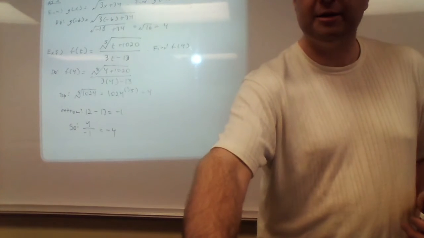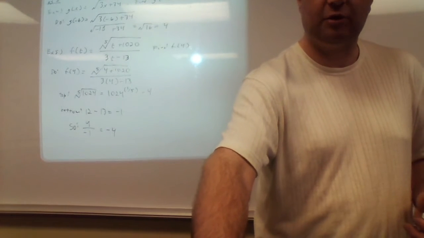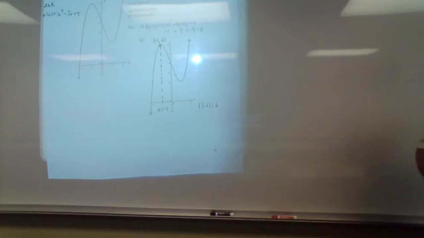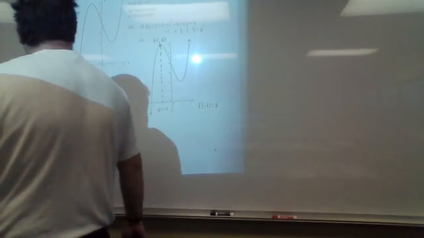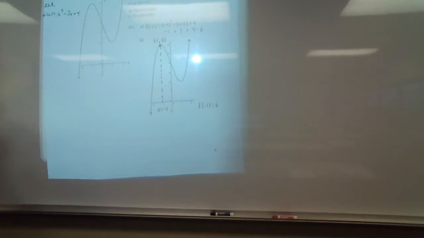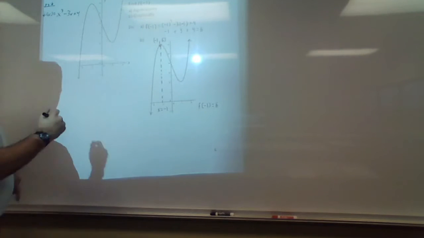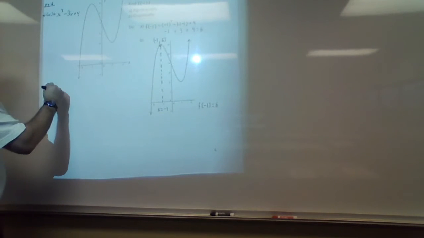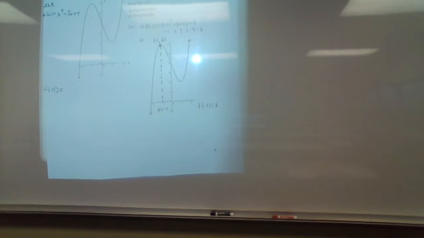All right, I'm going to pause here and go back to the graph. 6. I went ahead and provided the function, and I provided its graph. So it says to find f of negative 1.